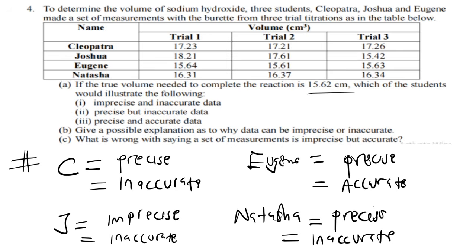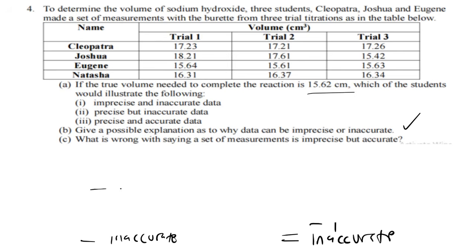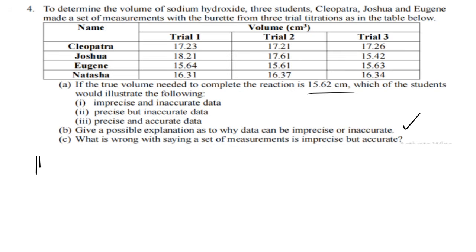We come to B. Give a possible explanation as to why data can be imprecise or inaccurate. Why is it that the spread between the values can be very far away? Like we can give an example, for Joshua, one was 18, the other one was 15.